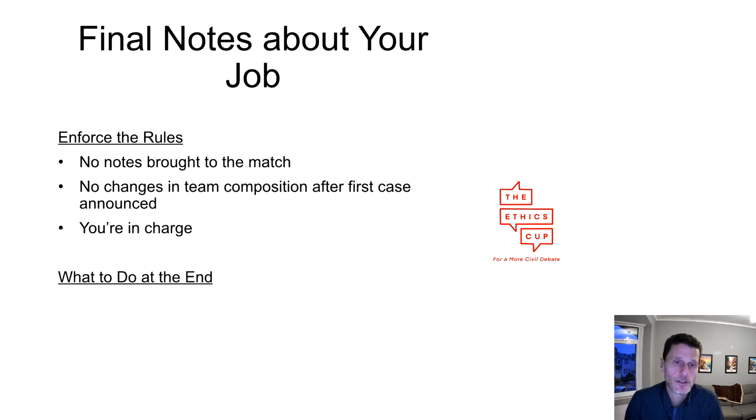So then at the end of the match, when you announce each judge's scores, you also translate that for the audience, saying that means their vote goes to this team. You should try to order those announcements for dramatic effect, so you will know if it's a 2-1 split in the votes. If it is, try to make it so that the last vote you announce is the one that breaks the tie.